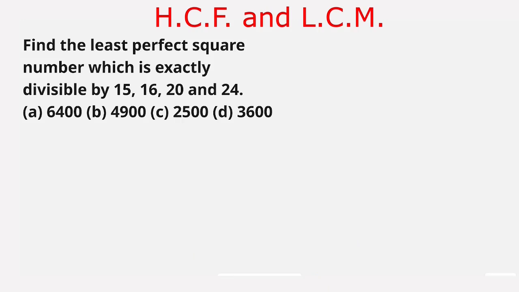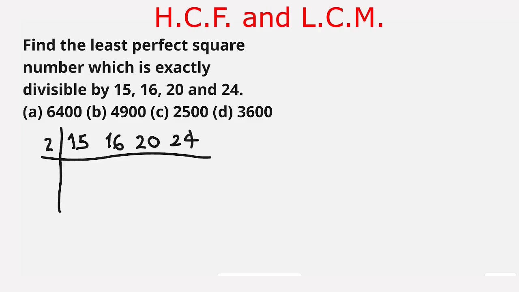We first find the prime factors of the LCM of given numbers. We write all these numbers 15, 16, 20 and 24. We use the common division method to find the factors of LCM. We divide these numbers by 2.